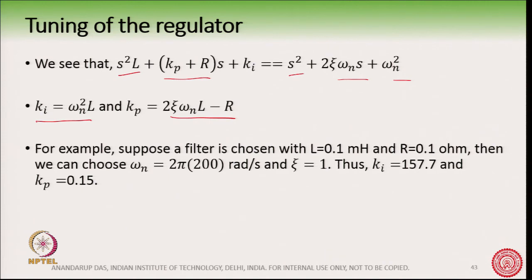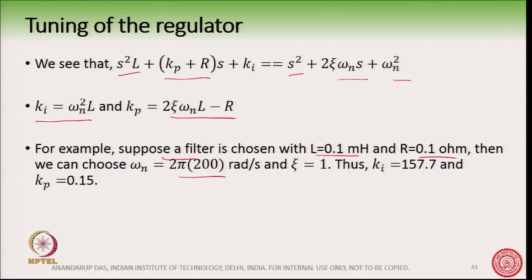Suppose we take an example: a filter is chosen with L equal to 0.1 millihenry, R equal to 0.1 ohm, and then we can choose that the bandwidth is 2 pi into 200 radian per second. That is fine enough. If the variation in the variables is in the range of say 10-20 hertz, then 200 radian per second will be okay, and you can take a value of damping factor as 1, and so this Ki and Kp can be chosen like this.